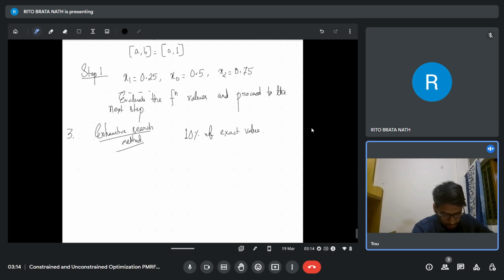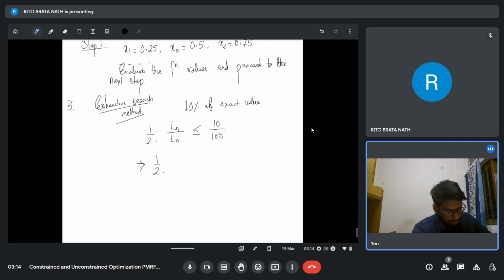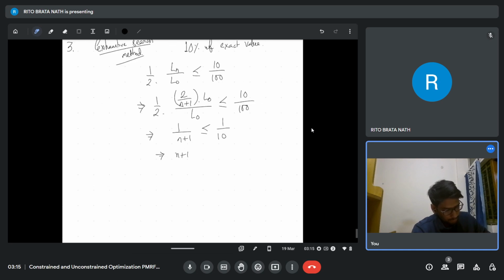In the exhaustive search method, you will do similar things, but it's half of Ln by L naught less than 10 by 100, where Ln is 2 by n plus 1. So that's L naught. So that's 1 by n plus 1 less than 1 by 10. n plus 1 greater than or equal to 10. n is greater than or equal to 9.